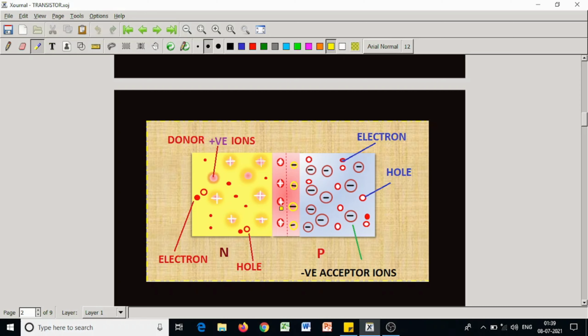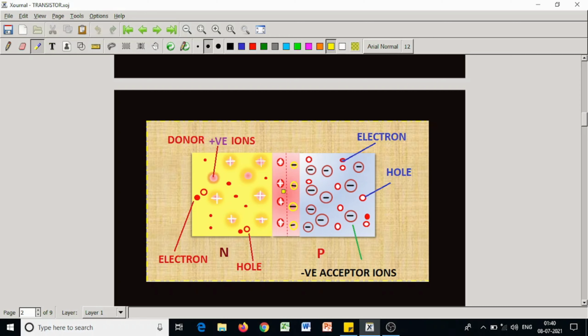These positive ions are attached to the silicon atoms. These negative acceptor ions are also attached to the silicon atoms, so they are not free to move. So this region is depleted of mobile charges. Moreover, as this side is positive and this side is negative, a potential gradient, a field, is created in this direction.